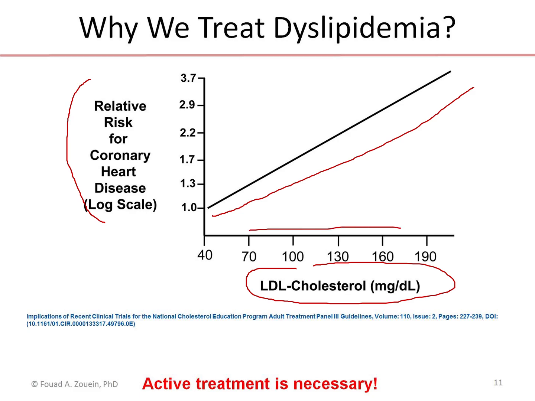So the higher the LDL level in the blood, the higher the relative risk of coronary heart disease. This basically emphasizes the importance of an interventional therapy and drug-based therapy in order to bring LDL levels back to the normal range and reduce the risk of coronary heart disease development as well.